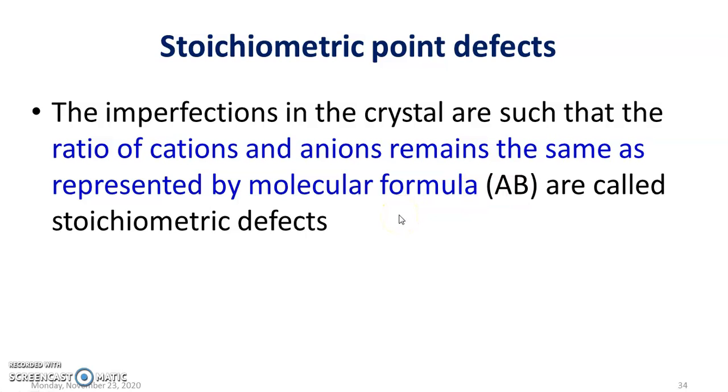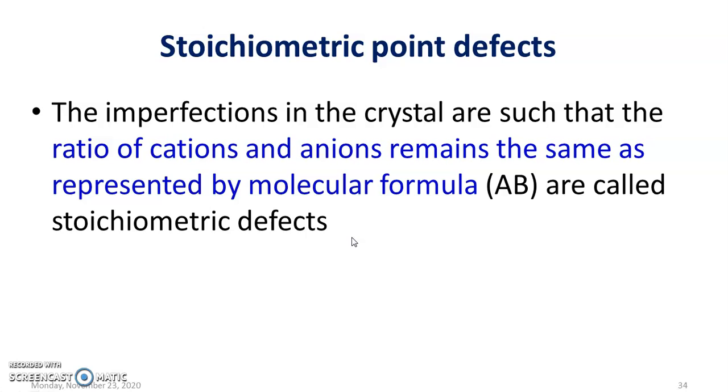As an example, consider sodium chloride. In sodium chloride, Na plus and Cl minus, between these ions there is an ionic bond or electrostatic force of attraction. Sodium chloride is an AB type of solid.